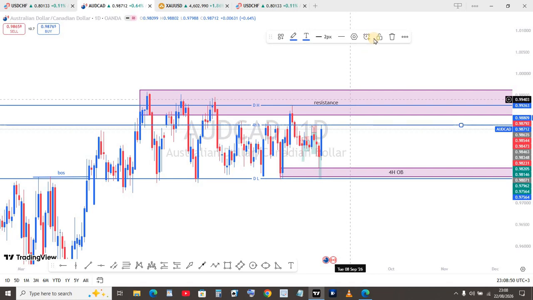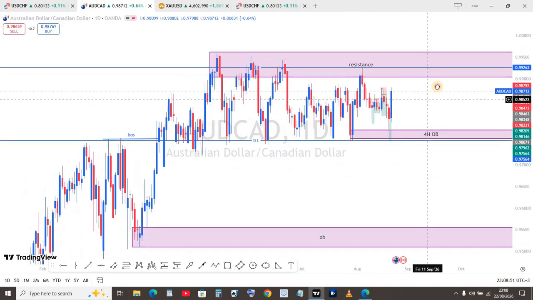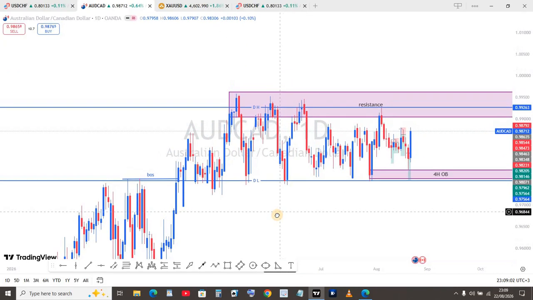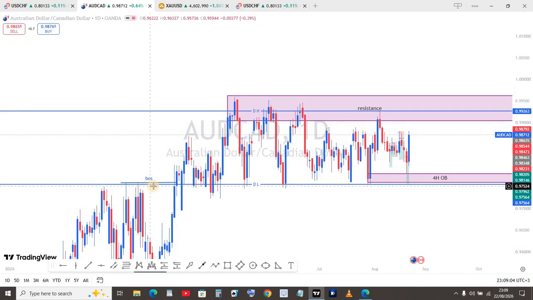So what I will do, I'll have to look at the left. When you look at the left, we have a break of structure here. Aside from the break of structure, we also have an order block. And above the break of structure, at the daily low, we have a support. So let me name this as our support.